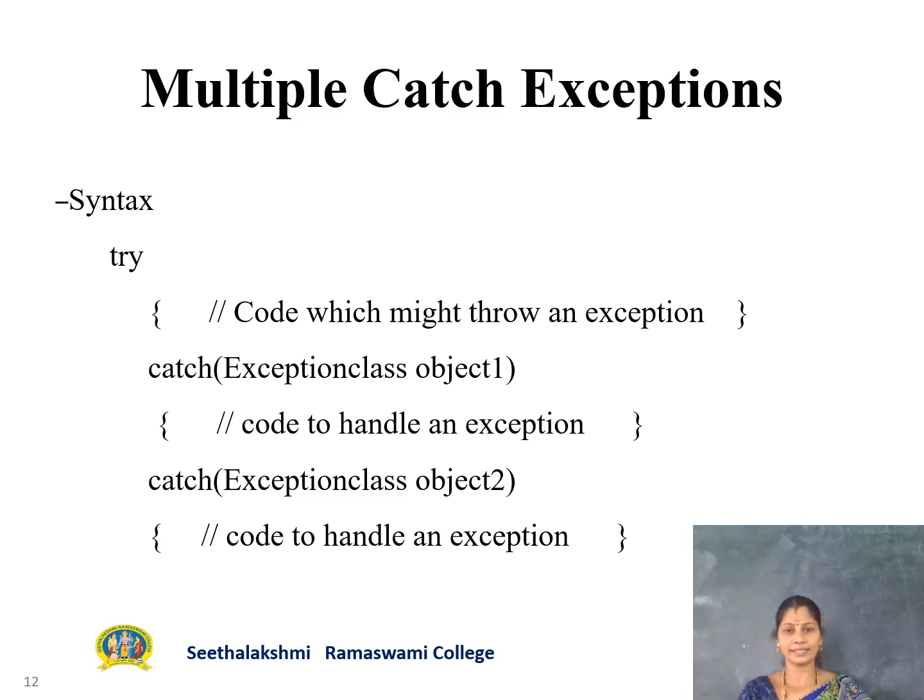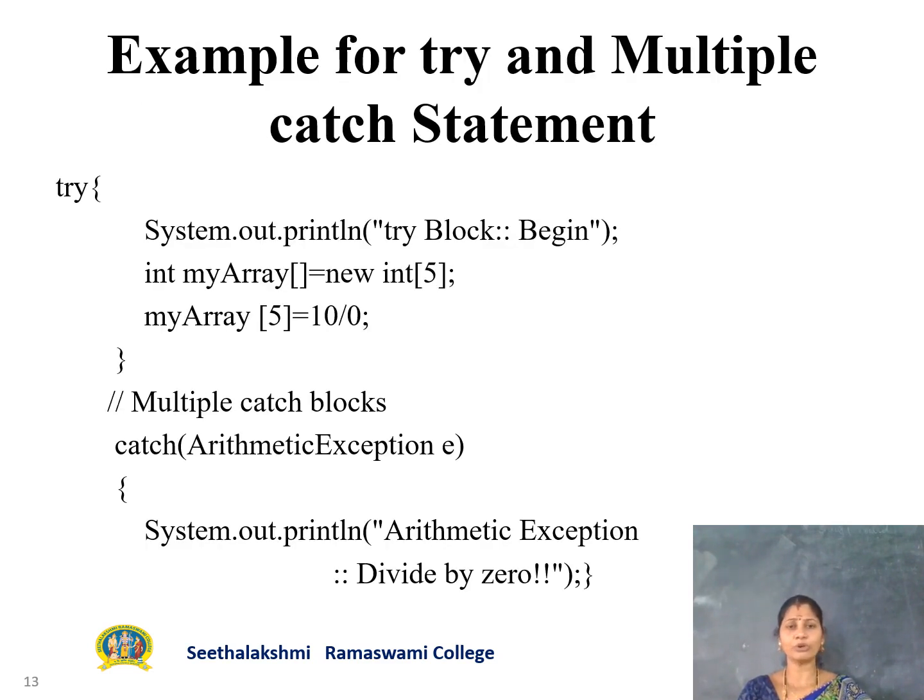Catch of exception class object 1, and it has some set of code to handle an exception. Next, you create another catch block, catch of exception class object 2, and here it has a set of source codes.